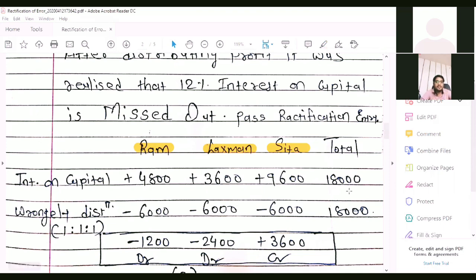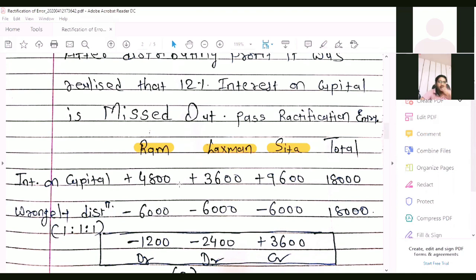So this 18,000 should be deducted in the profit sharing ratio, and in this sum profit sharing ratio is not given, so obviously it is distributed equally. So 6,000, 6,000, 6,000.